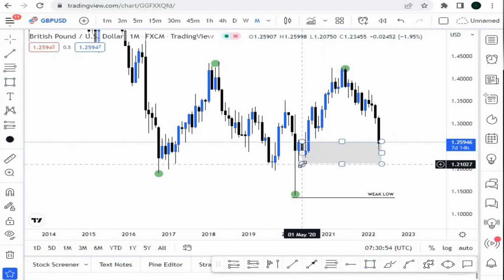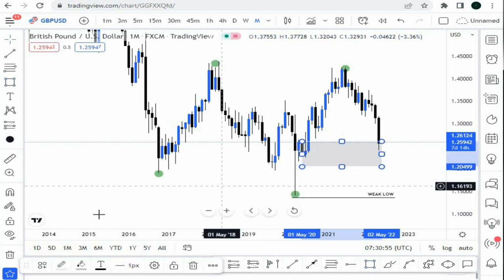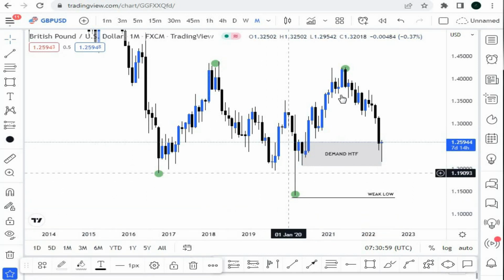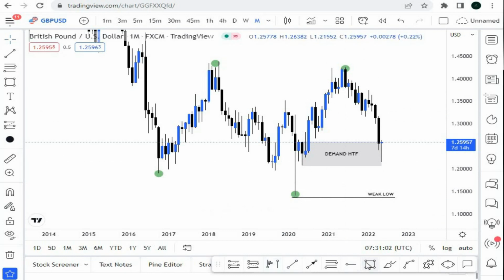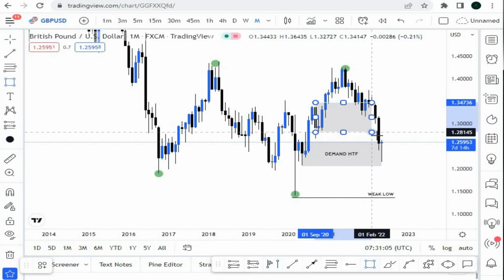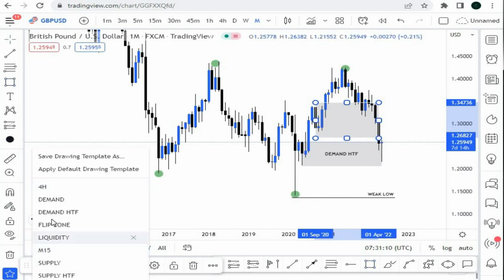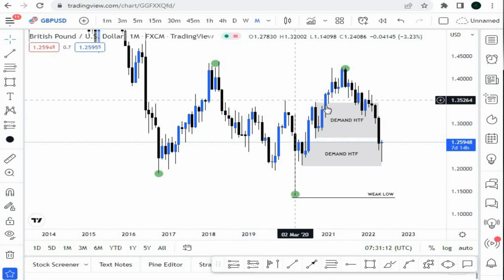As you can see, this was our higher time frame demand zone area, as well as this one. This will help you to understand where the price will go next.